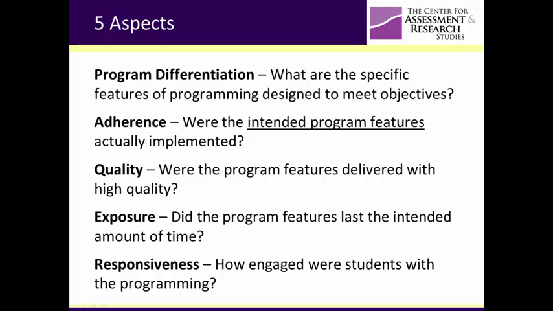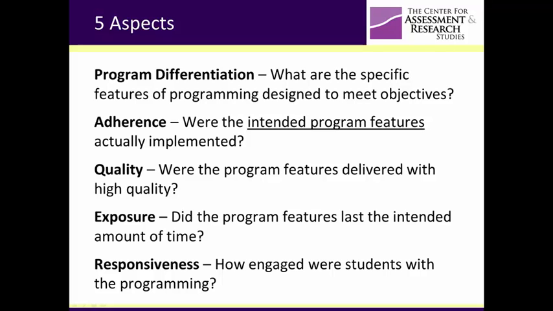What are you doing in the program to provide students with an opportunity to meet these outcomes? You should already have this information whenever you're mapping or developing curriculum to meet student learning outcomes or objectives. So there should be, at least in theory, very specific things that you are doing to give students an opportunity to meet these outcomes.